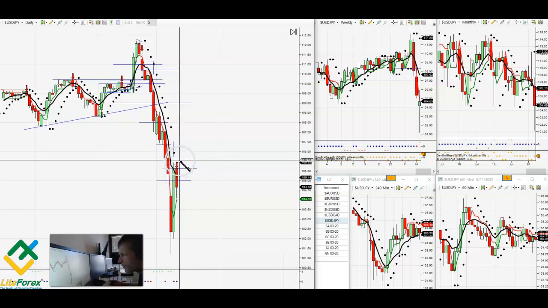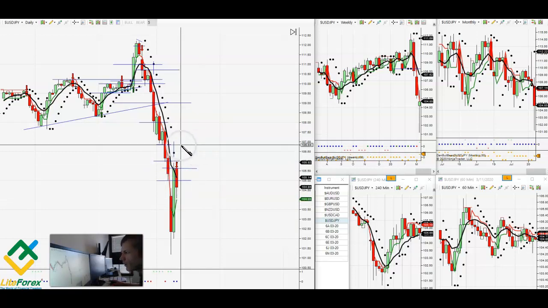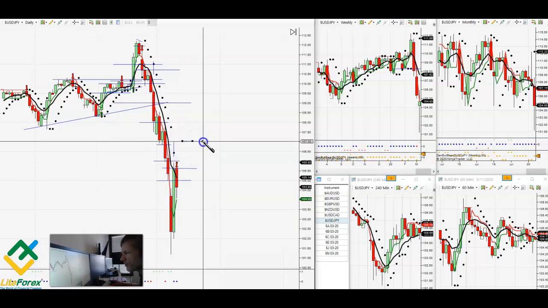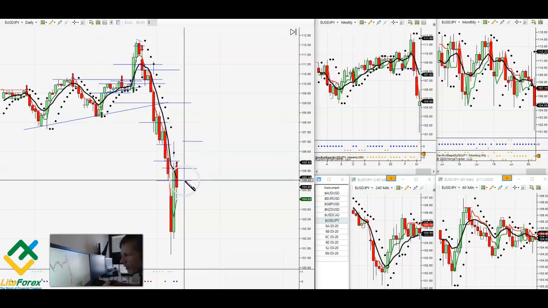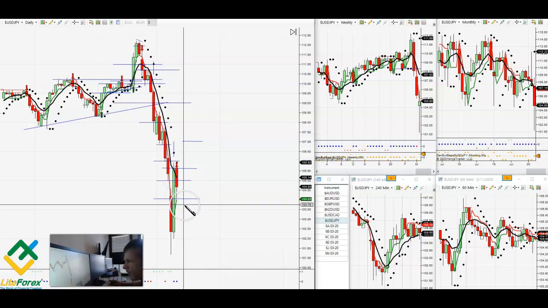But 106, we're close to 106, and that is the important price to, at least in the short term, break above. And then we've got to look at other levels like 107, of course. But for now, let's see if it can break. We're roughly at the center line of the candle today, roughly around 104.